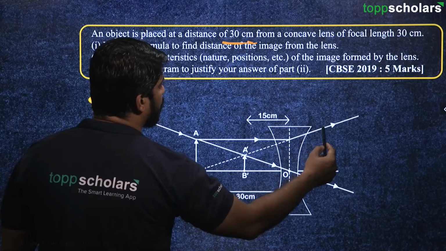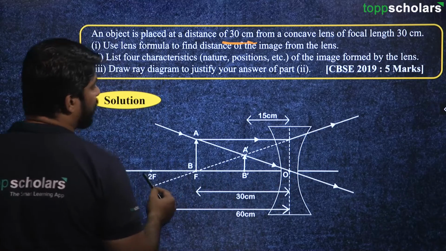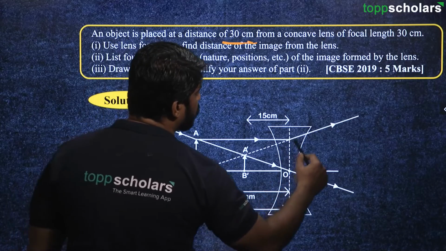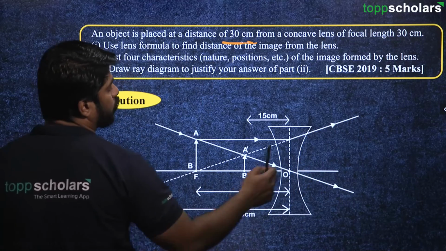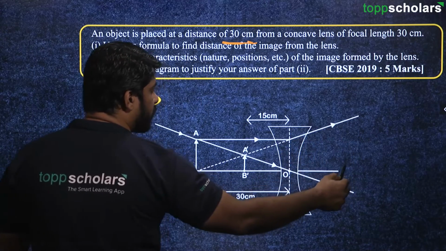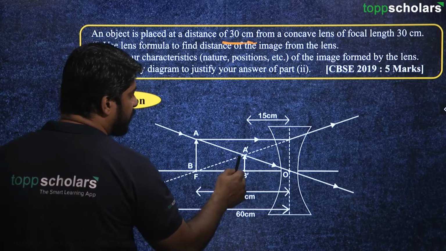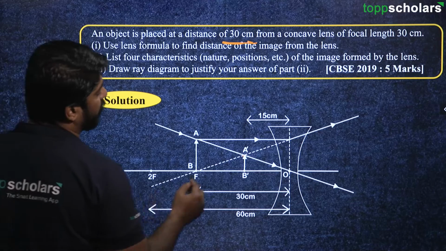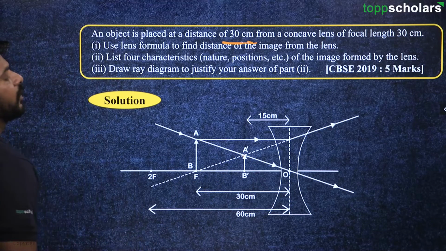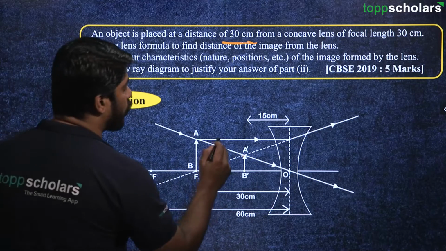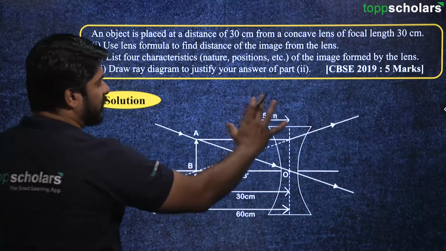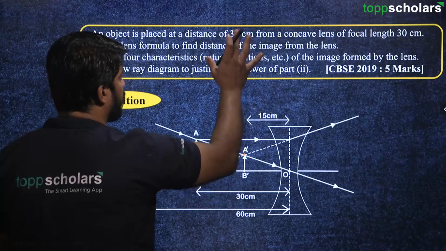Because this is a concave lens, it is going to diverge the rays. So if we trace these rays back, they meet somewhere here and the image is formed over here. As we can see, the image is diminished, virtual and erect. So this is the ray diagram for the particular case.